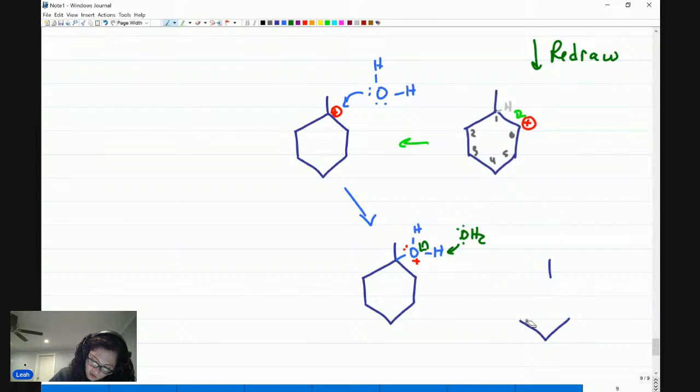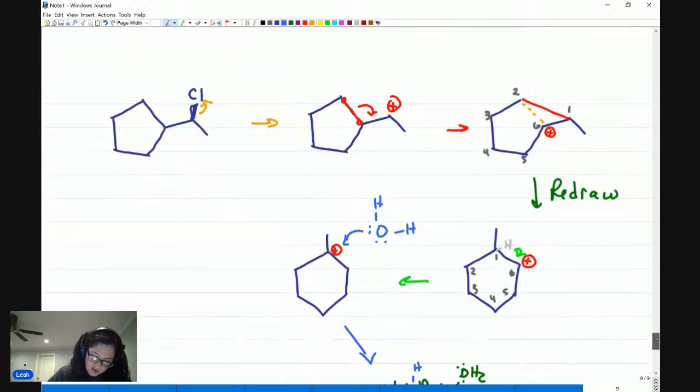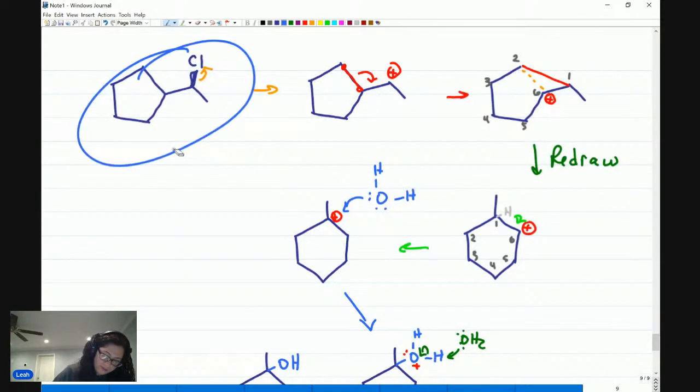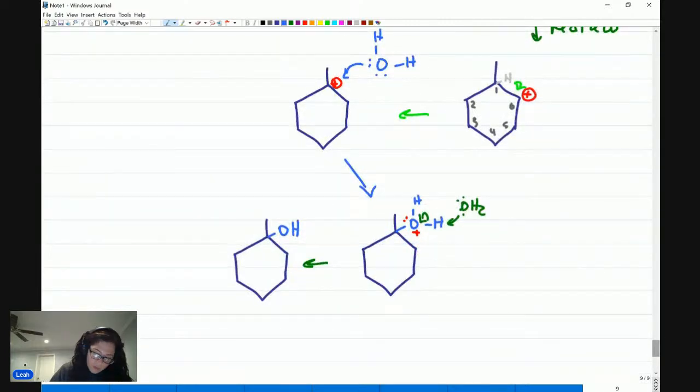You know what? Let's draw it here so we can draw them side by side. We'll put it like this. There is product number 1 with an alcohol sitting at a completely unrelated position compared to what we started with over here, because the molecule completely changed. Option number 2 is if that water molecule comes in, but instead of attacking at the carbocation, it attacks one of the beta hydrogens, which in this case doesn't matter because the molecule is symmetrical right down the middle.